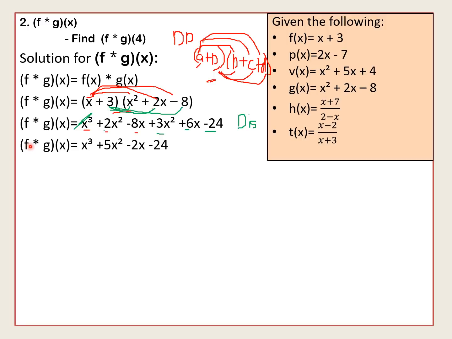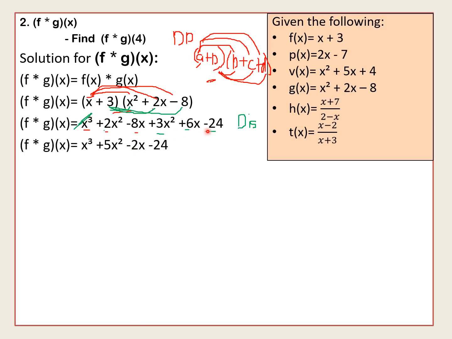So, f multiplied by g of x, copy lang, equals, bring down x cubed kasi wala siyang similar term. Plus, 2x squared and 3x squared, it would be 5x squared. Okay? Tapos, negative 8x plus 6x, it would be negative 2x, right?